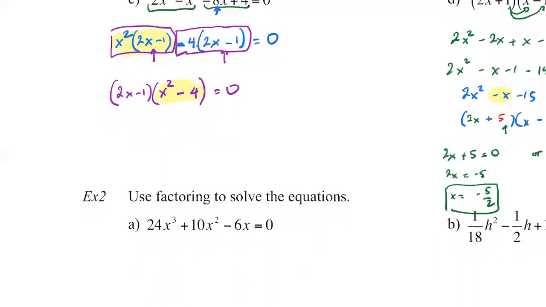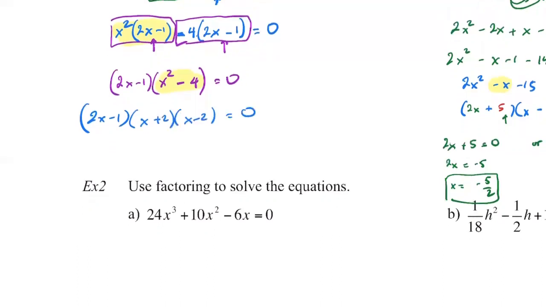So x squared minus 4 can be factored into x plus 2 and x minus 2 because it's a difference of squares. Now I'm ready to solve each of these to get the x values. So the answers are plus or minus 2 on this side and 1/2 on that side.